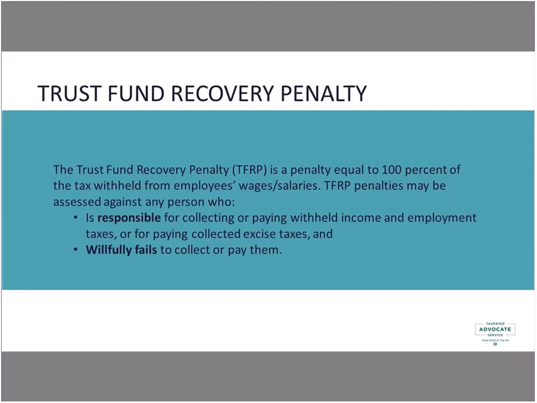TFRP, is a penalty equal to 100% of the tax withheld from employees' wages and salaries. TFRP penalties may be assessed against any person who is responsible for collecting or paying withheld income and employment taxes, or for paying collected excise taxes, and who willfully fails to collect or to pay them.